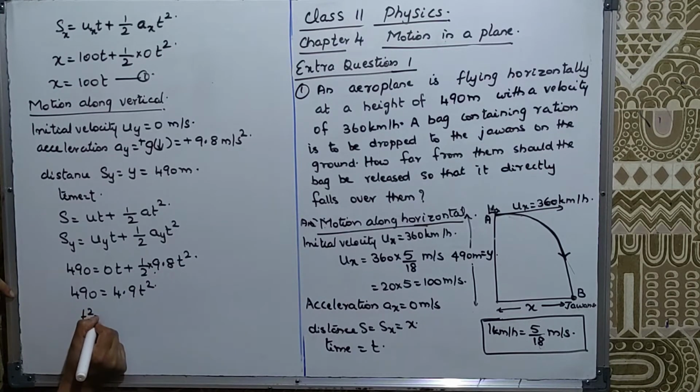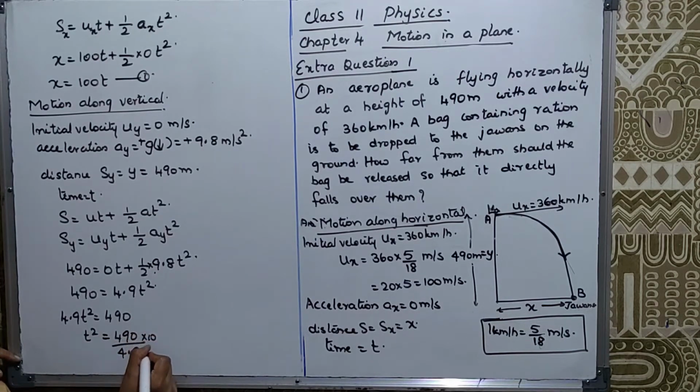So what will be t squared now? 4.9 t squared equals 490. So t squared will be 490 divided by 4.9.